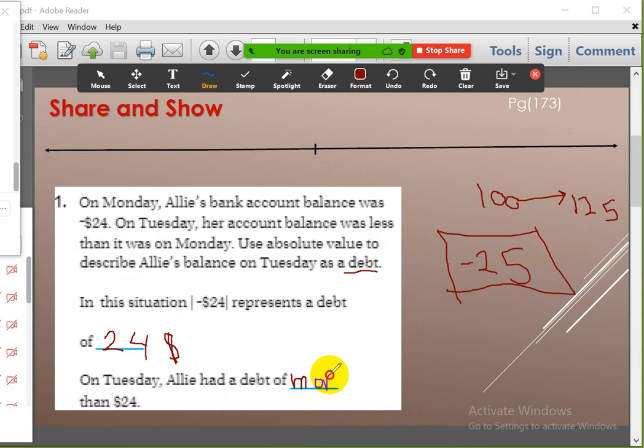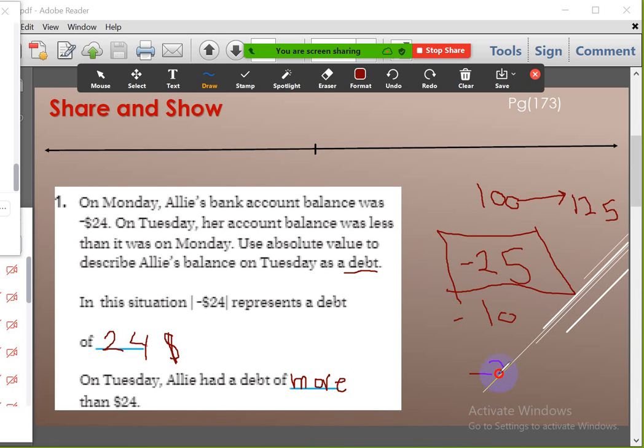As an example, girls, if I took 125 from the bank, my bank account becomes negative 25. The next day I took 10 riyal also. So the debt becomes what?